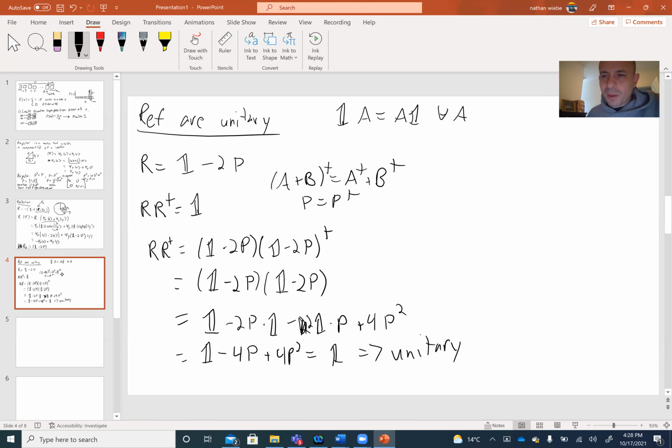And so it's something that we can build at some cost in a quantum computer. Again, the way that we actually do this in practice is a little bit of an art. But the biggest trick that I tend to end up using is the fact that the simplest reflection that we can build is the Pauli Z operation. Pauli Z will map 0 to 0 and 1 to -1.